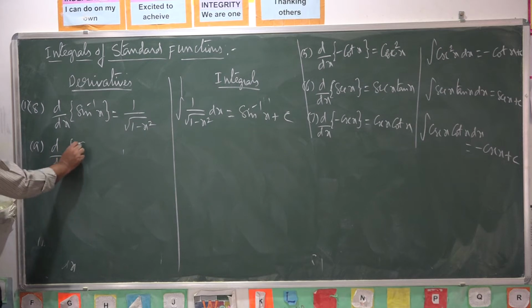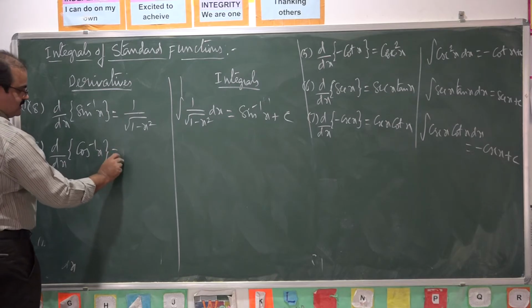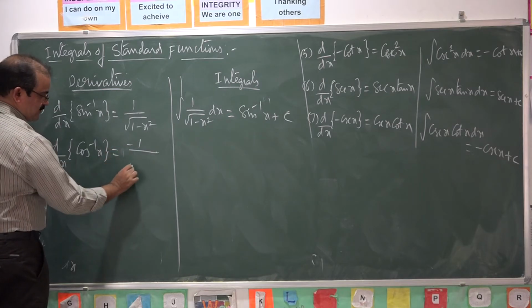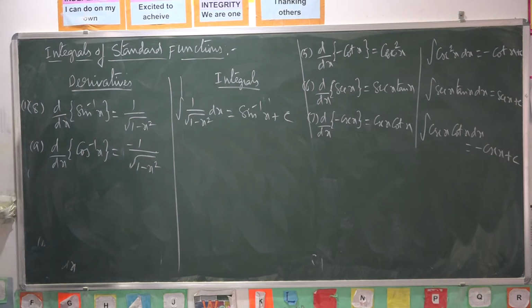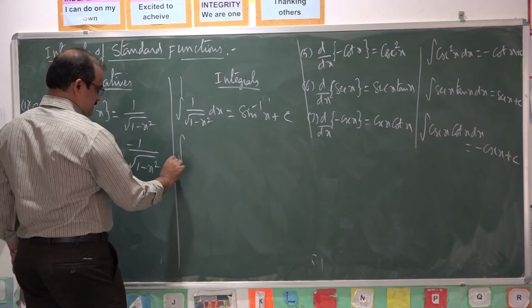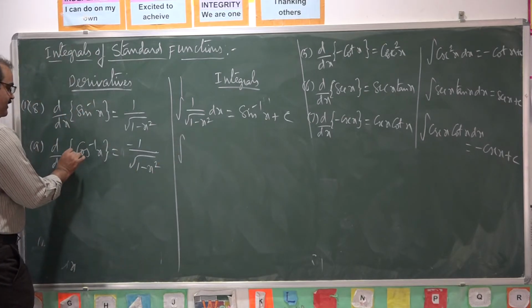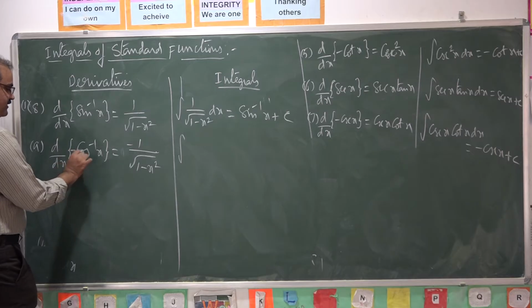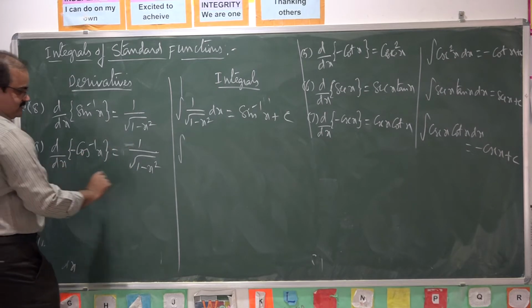d by dx of cos inverse x is equal to minus 1 by root of 1 minus x square. In integration, you write it as d by dx of minus cos inverse x is equal to plus 1 by root of 1 minus x square.